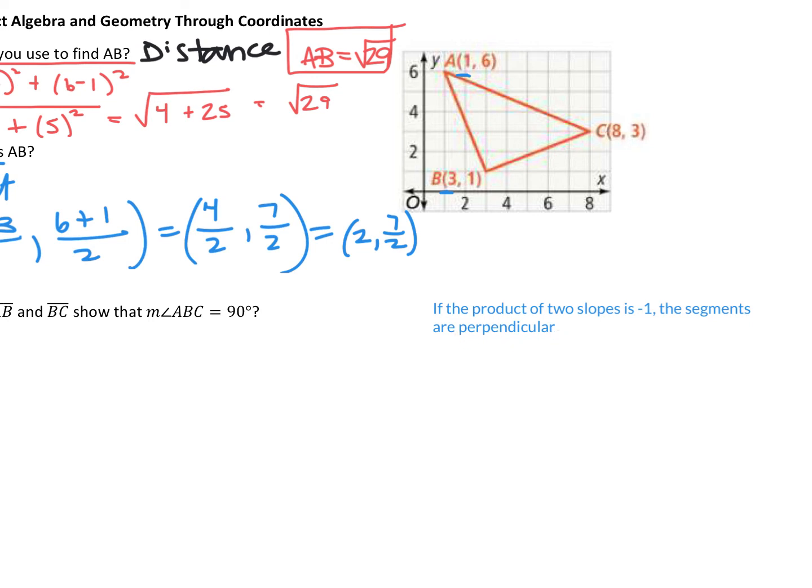Perpendicular does mean that they will be 90 degrees. So if you need to show that two segments or two lines are perpendicular, you can multiply their slopes together and see if you get that product of -1. So that's what we're going to do. We are going to multiply our slopes together.